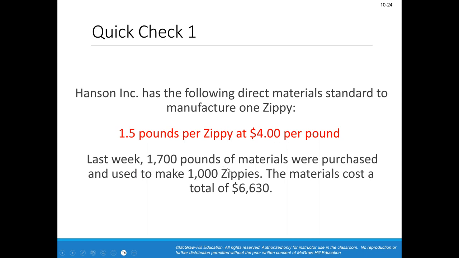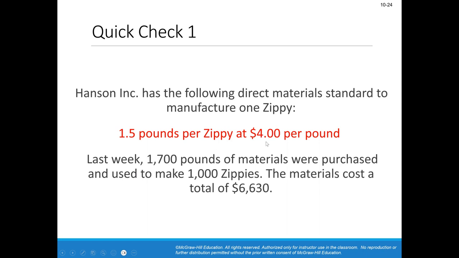And now we look at, okay, well, the material is $4 per pound. We paid a total of $6,630. So $6,630 divided by the 1,700 pounds that we actually used means we paid $3.90 per pound. So that's lower than what our standard was.